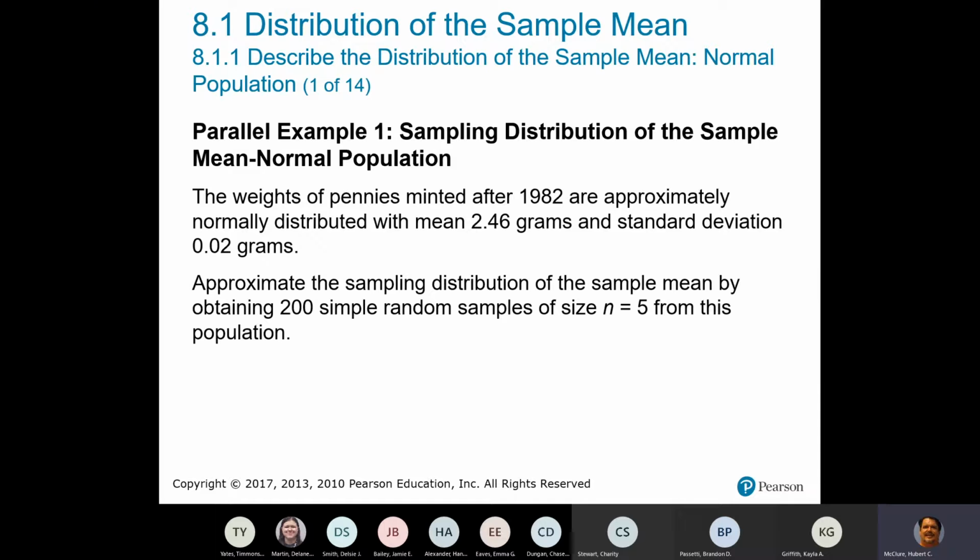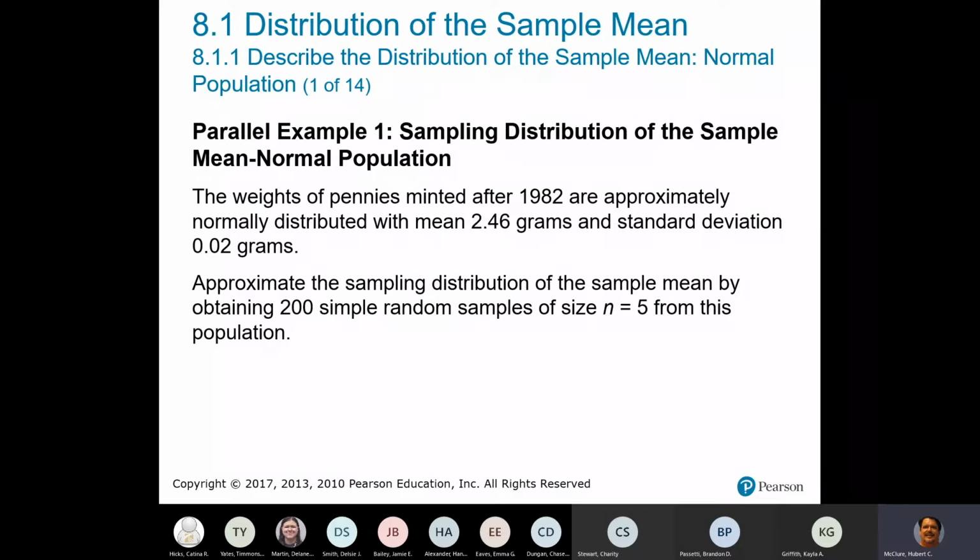Approximate the sampling distribution of the sample mean by obtaining 200 simple random samples of n equal to 5 from this population. Now what I want you to do is write this question down. So you're going to go out and ask 5 people.